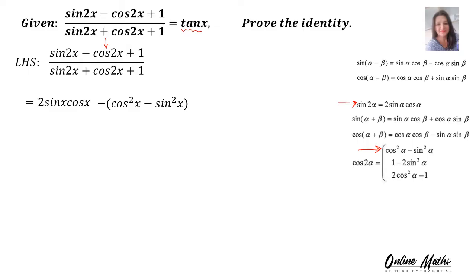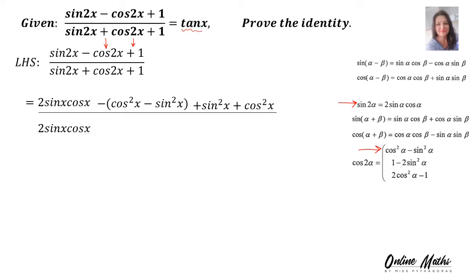Since there's a plus 1, we can also write in the place of plus 1 sin squared x plus cos squared x, the grade 11 identity. Everything over sin 2x, the double angle, there's only one option, so you can write 2 sin x cos x.